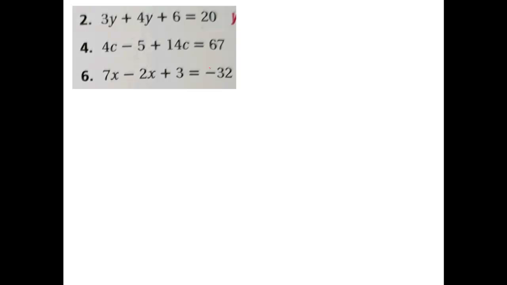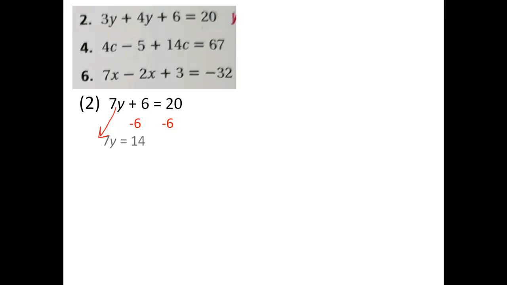Question 2. 3y plus 4y plus 6 equals 20. So combine the same terms, 3 and 4. 3y and 4y are like terms because y here is the same term. 3 and 4 is 7. 7y plus 6 equals 20. We will do the same. Subtract 6 from both sides. So 7y will stay the same here.